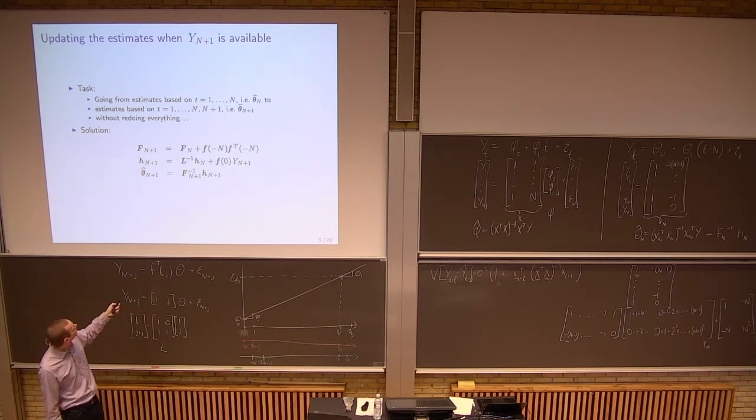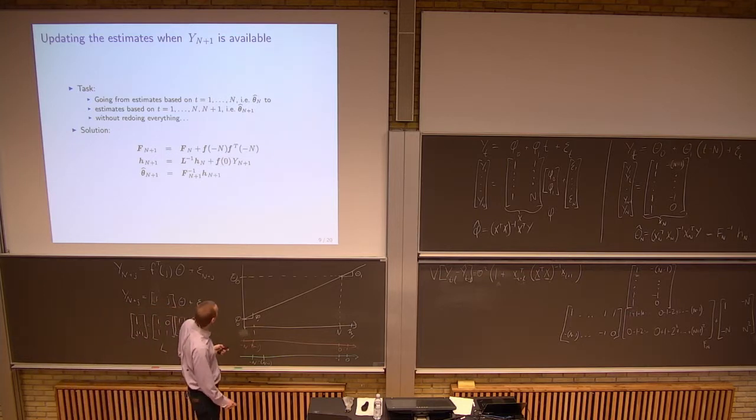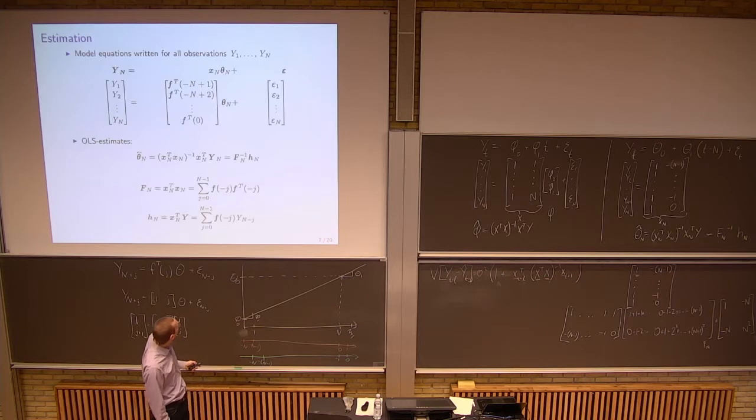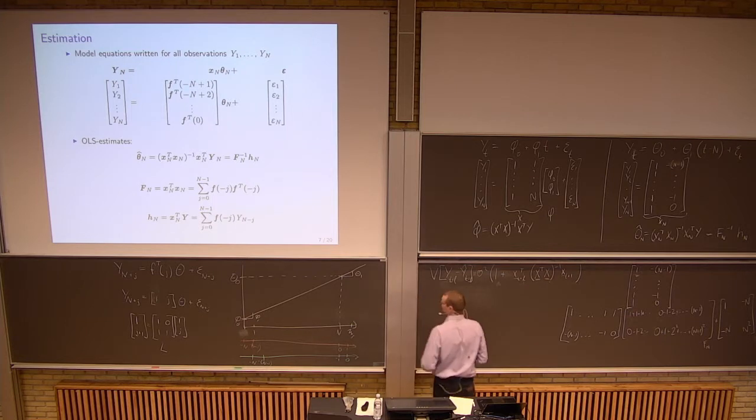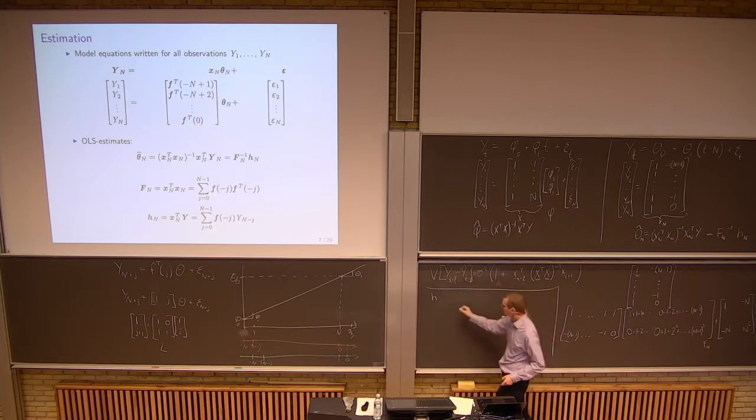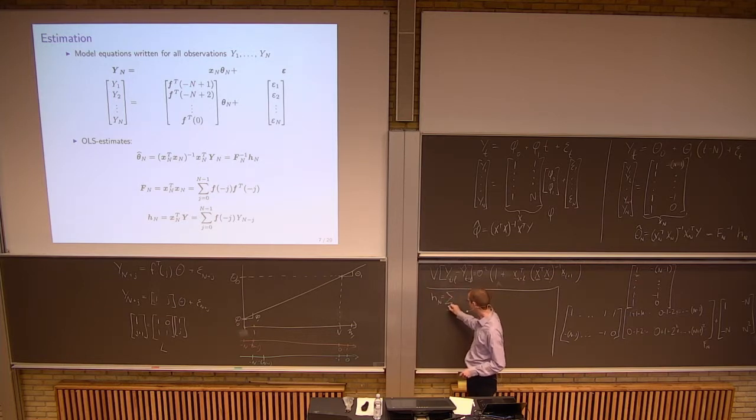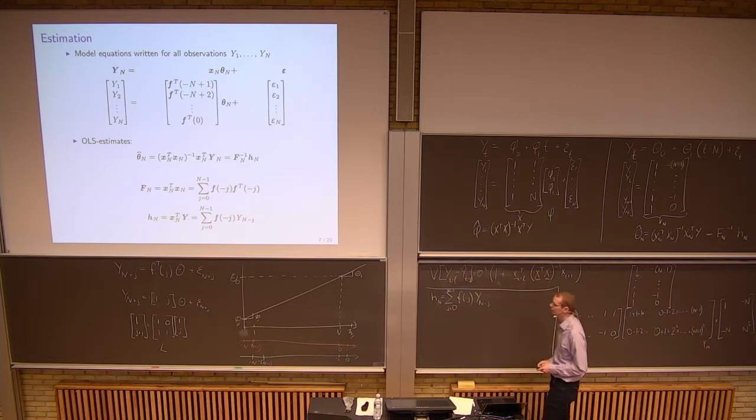So what do we have to do here? Let's first go back and look at the definition of H here. Hn is defined as the sum of j equals 0 to n minus 1 of f of minus j on y n minus j.